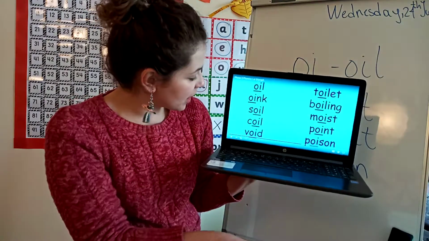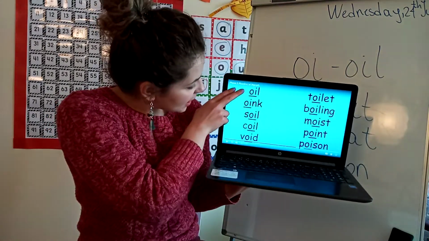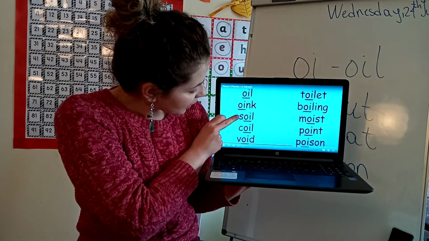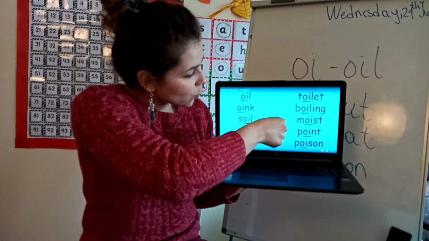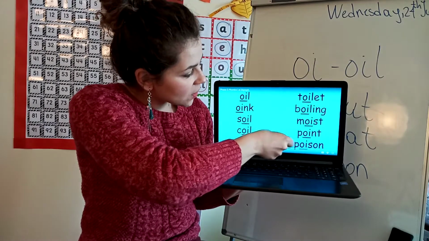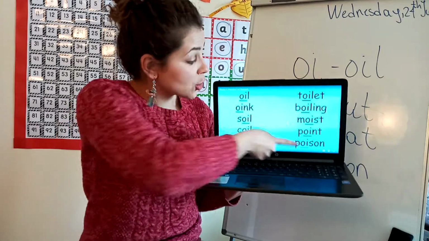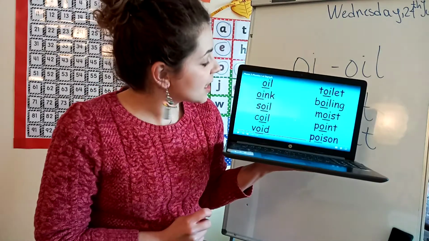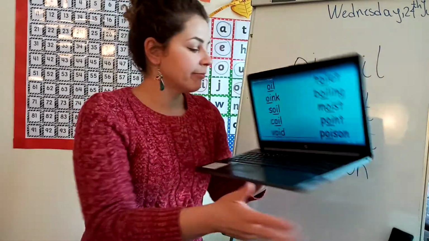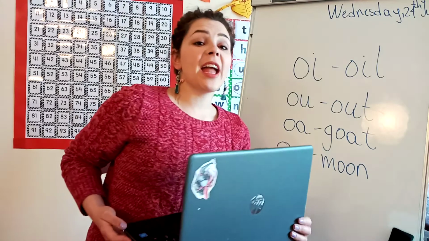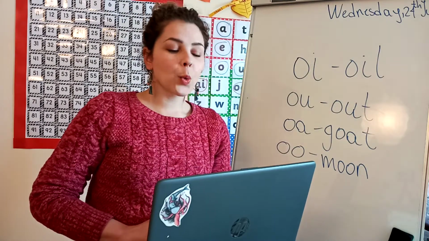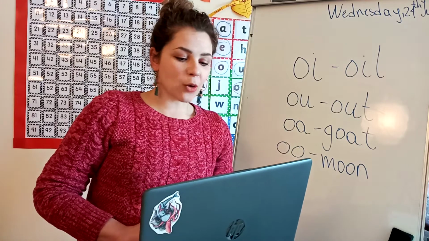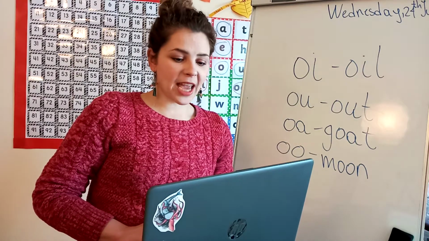I can see a new word here, a new word here, and this one is very dangerous. It says poison. So there you can practice reading more words with the oi sound in them.